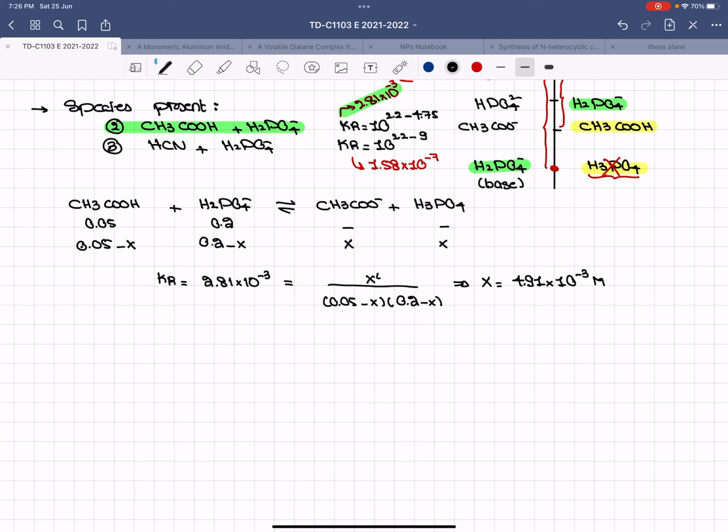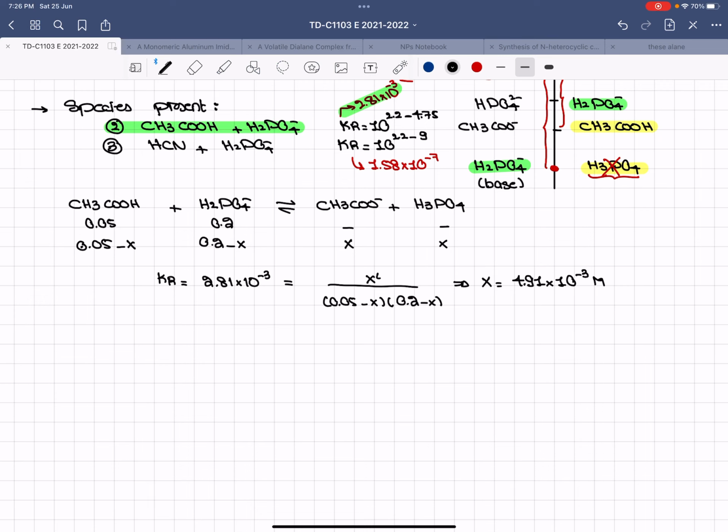And find the pH either from CH3COOH or from H3PO4, using Henderson-Hasselbalch for either one or the second. It doesn't matter, but the most important thing that you need to remember is do not neglect x here, because the Ka or the Kr is not small enough to neglect x.